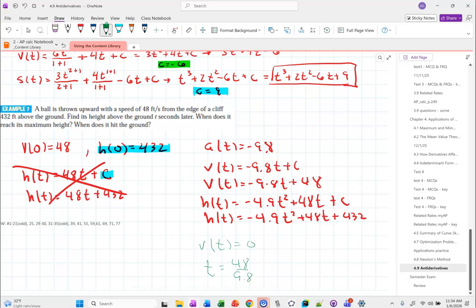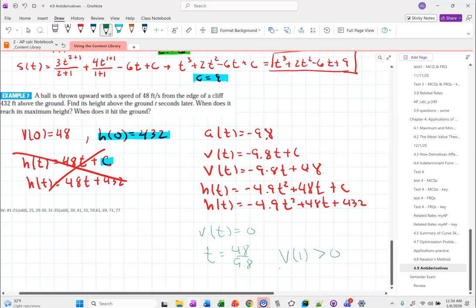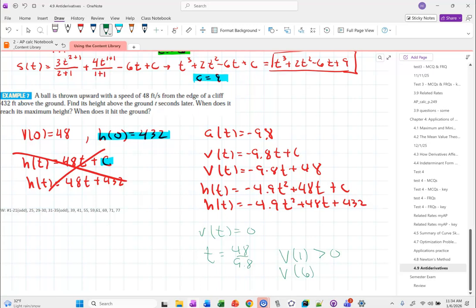If I pick something less than that, like v of 1, what am I going to get? I'm going to get a positive, right? If I pick something bigger than that, like 6, I'm going to get a negative.